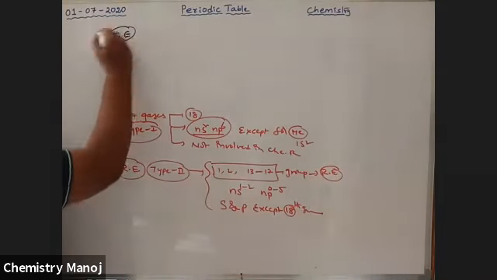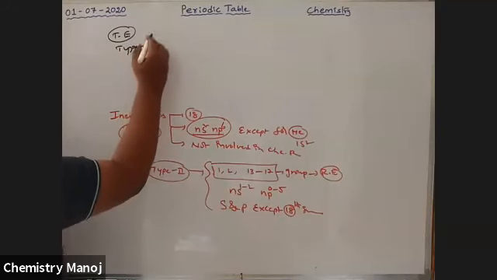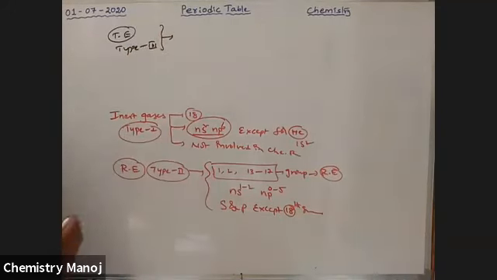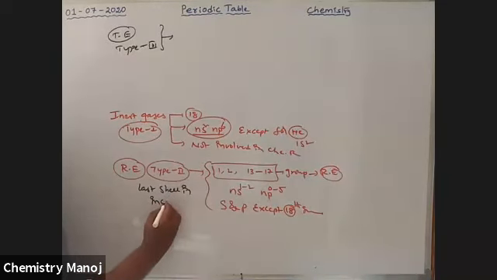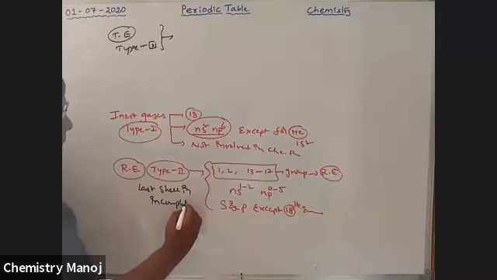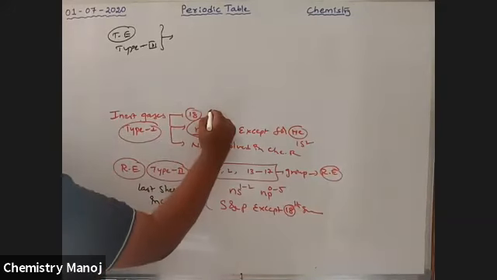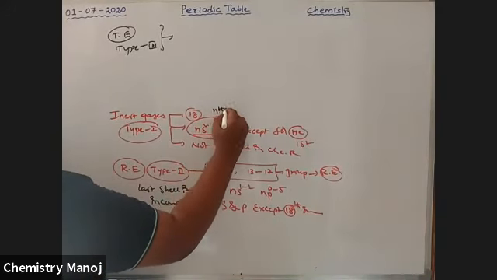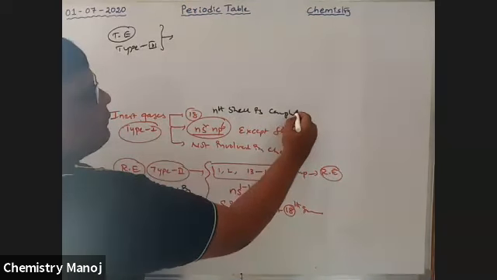Transition elements. That means type 3 elements. Here the last shell is incompletely filled. Where the last shell, nth shell, is completely filled, it is not this type.